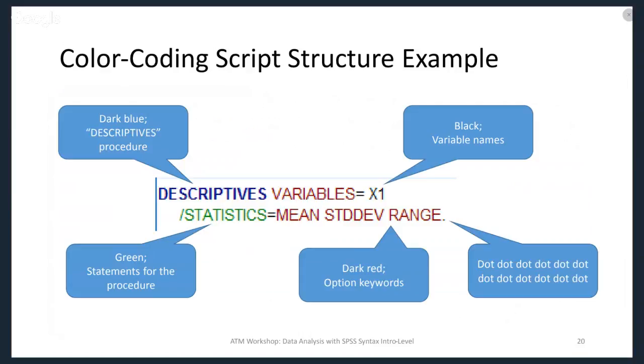The menu you choose is nearly parallel to the procedure name. A procedure is a chunk of function that does a specific job. What specific job is it doing? We already know: descriptive statistics. Typically dark blue is used for the procedure, and all other information is nested within that particular procedure.